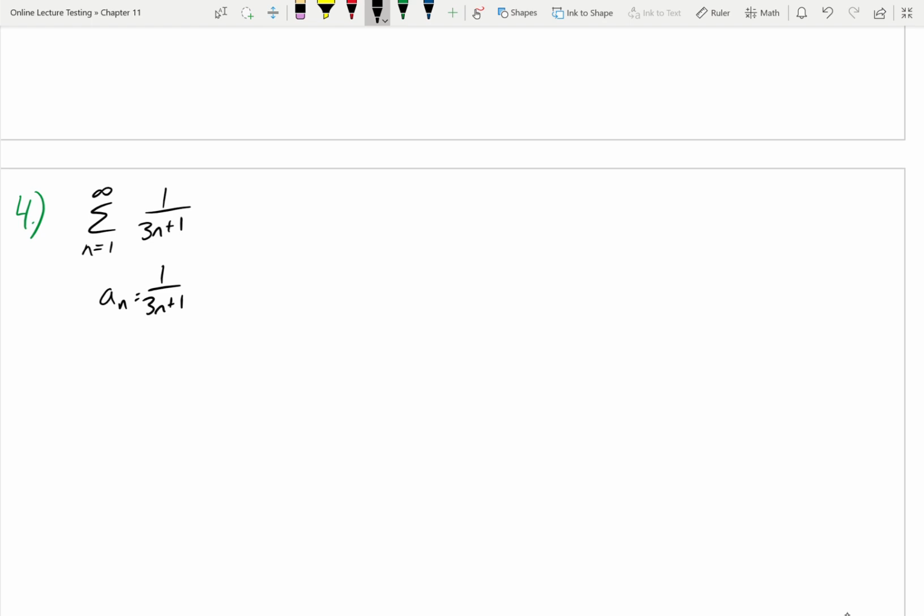The driving force here, b sub n, I'm going to say, is 1 over 3 to the n. That series is the harmonic series multiplied by 1/3, which doesn't really matter in this case. So it's harmonic, so it diverges.